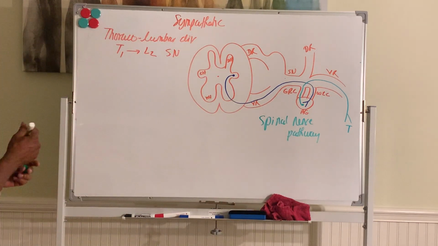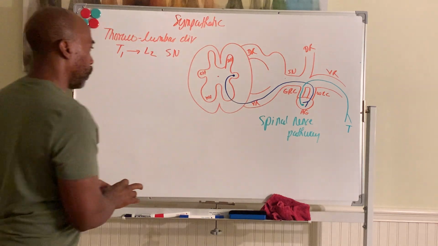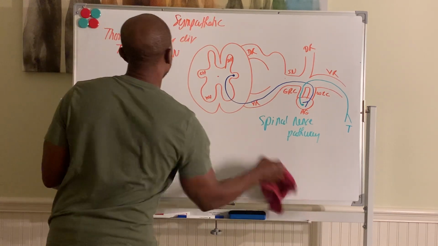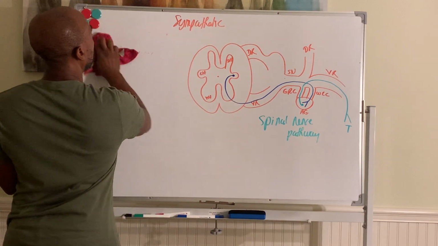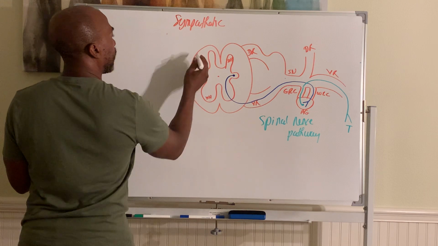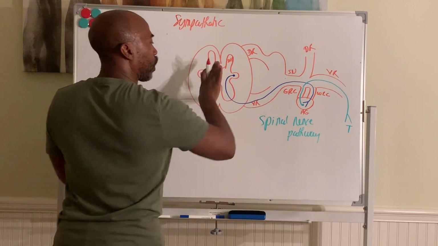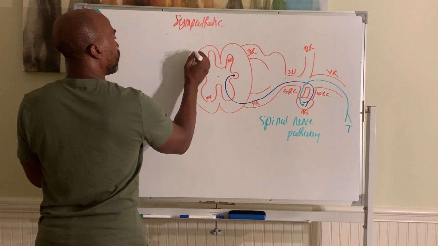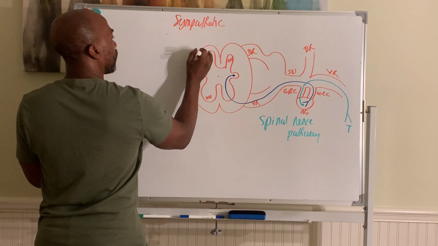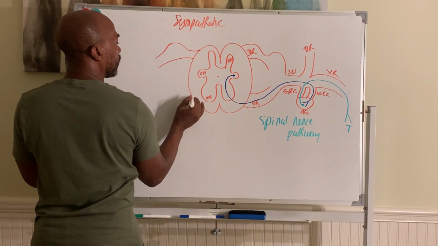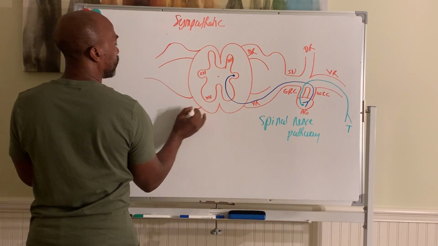All right, let's try another one. Before I do that, let me erase it here. Let's draw the same thing on this side. Remember, the spinal cord is bilateral, so you have both things on either side. Here, the ventral root.